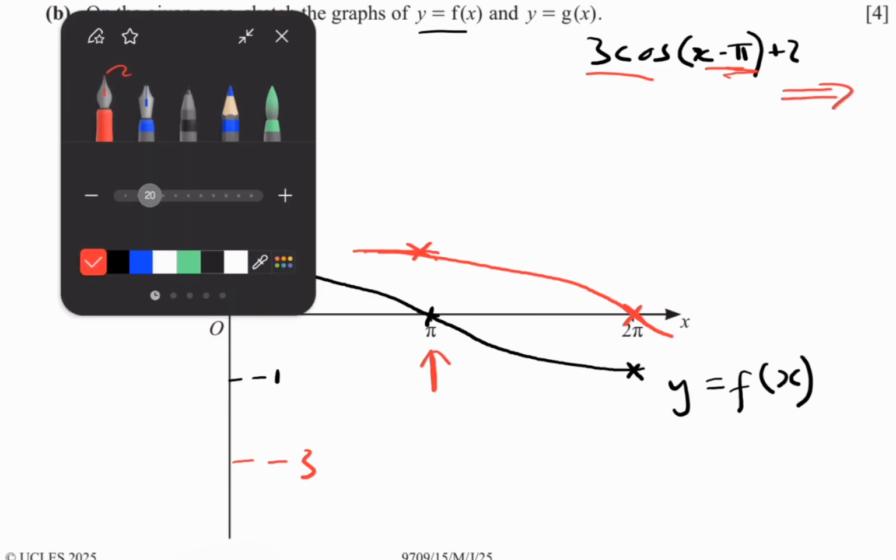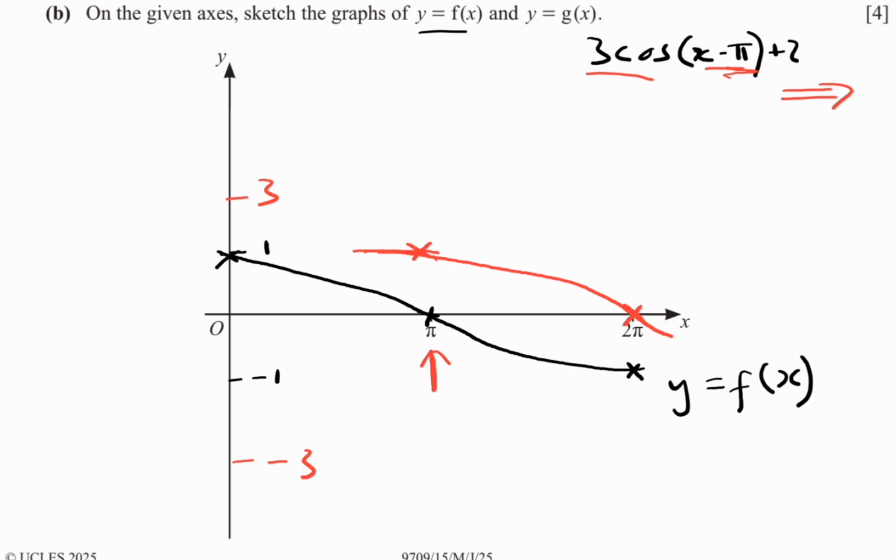So adding 2 to that graph in the y-axis, this will go to 5, and this will go to minus 1, right? So our graph is ranging from minus 1 to 5. That's our range now, right?